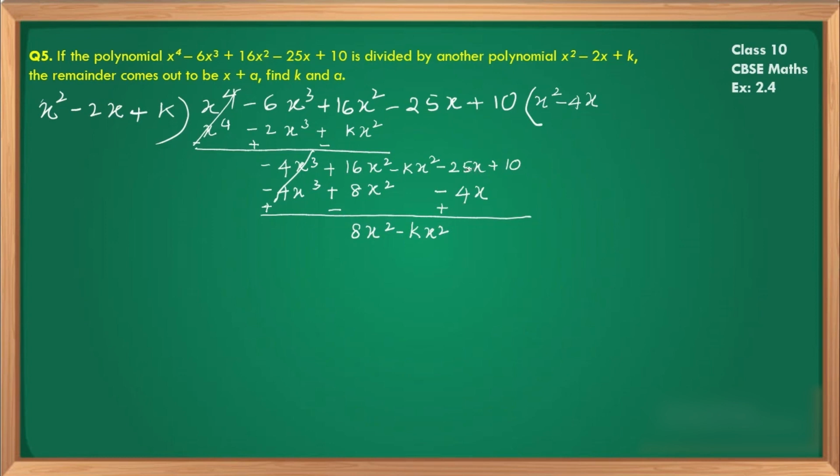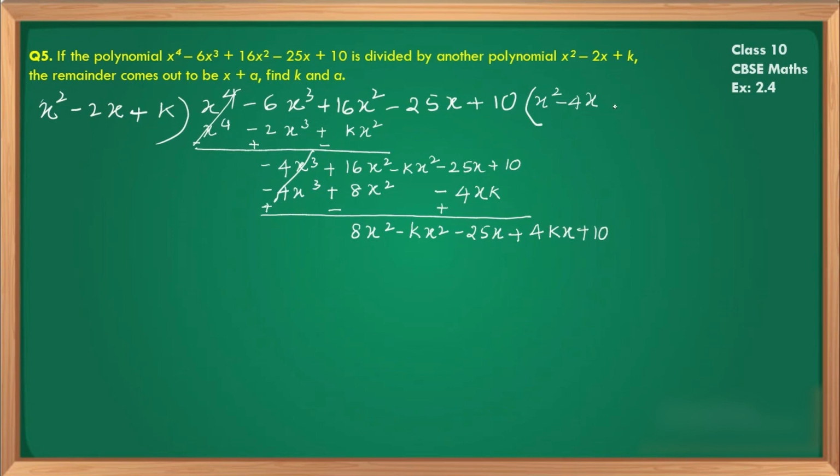Now minus 25x and minus 4kx, they are unlike terms. What we do, we write minus 25x and then plus 4kx, then bring 10 as it is.